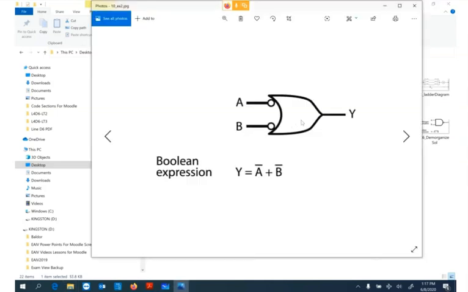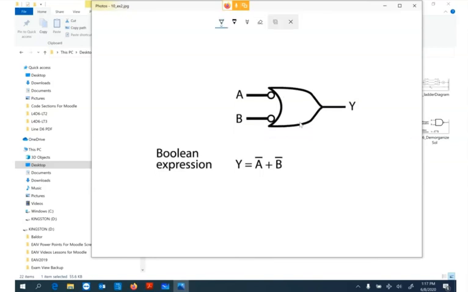So here we changed our AND. Before we had an AND, what did we do? We changed the sign, and then we negated the inputs. We changed this from an AND to an OR, and then negated the inputs and the output. Well, two negatives make a positive.